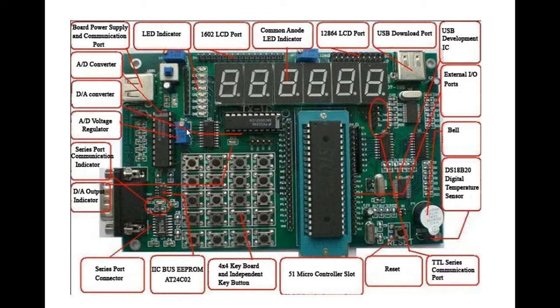By adjusting this variable resistor we adjust the input analog signal, and then pass that signal into the analog to digital converter, which converts the analog input signal into, I think, an 8 bit digital signal.